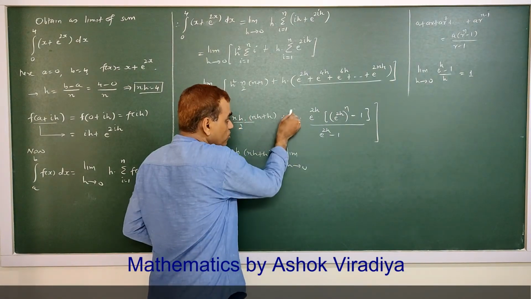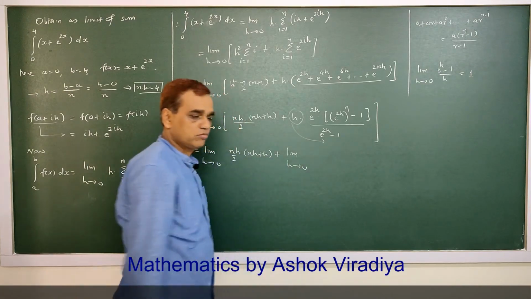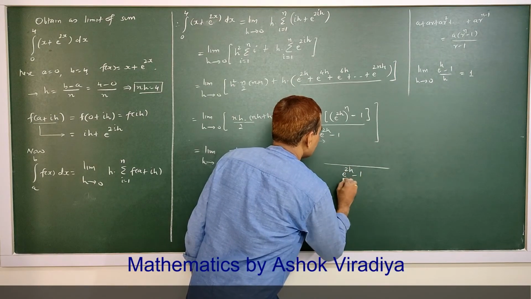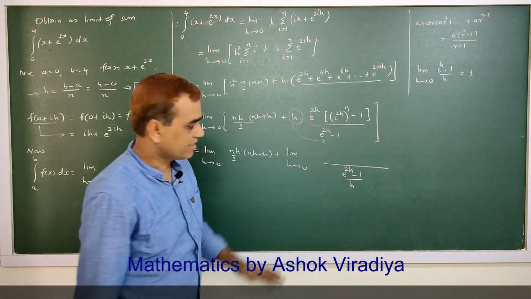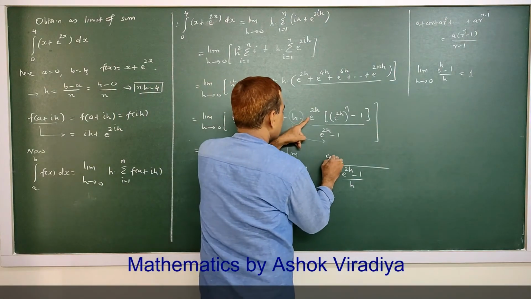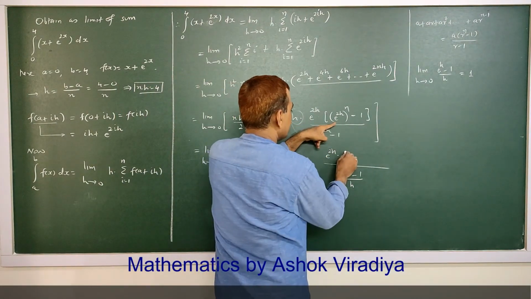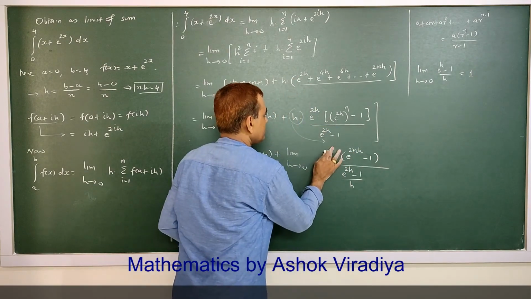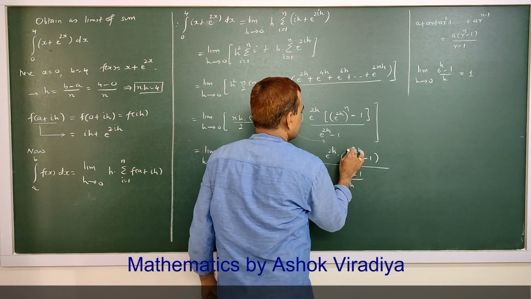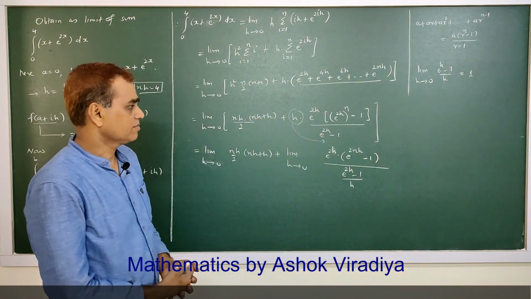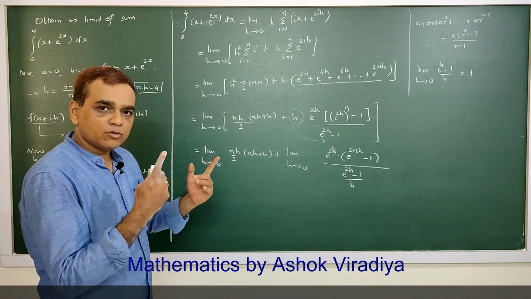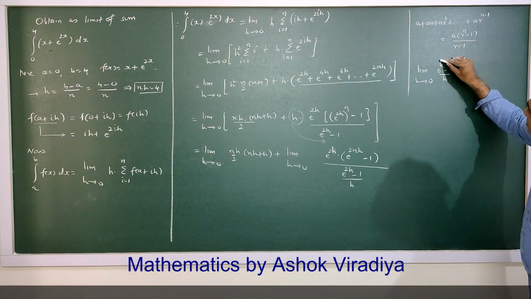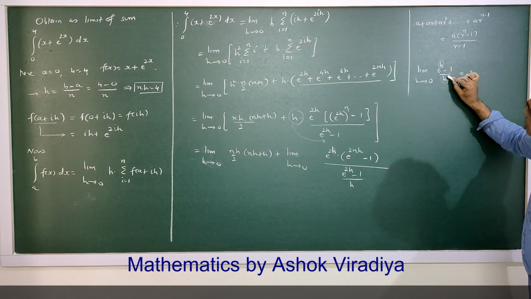Now here what we do, h we take down, so here e raised to 2h minus 1 upon h, this h comes in the denominator, and here e raised to 2nh minus 1, this is h, here nh. Now see, to apply this formula, whatever number is here, the same number must be here.